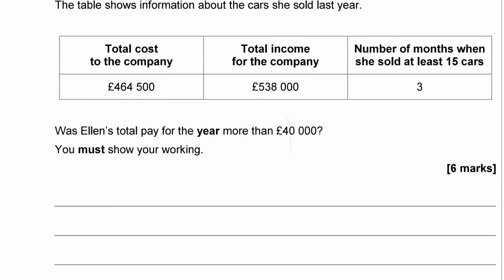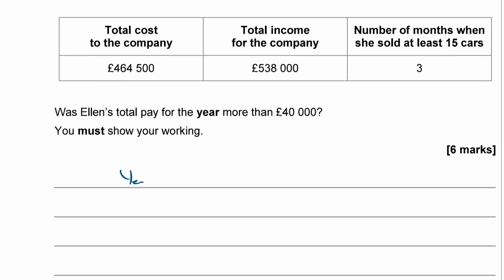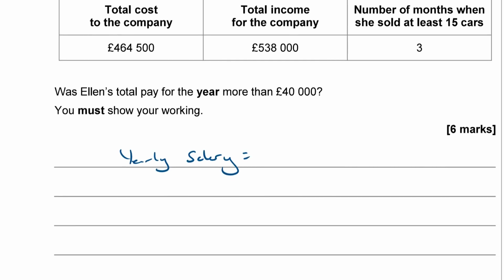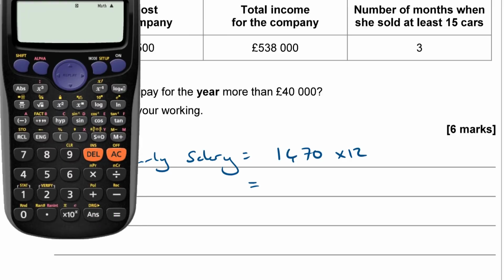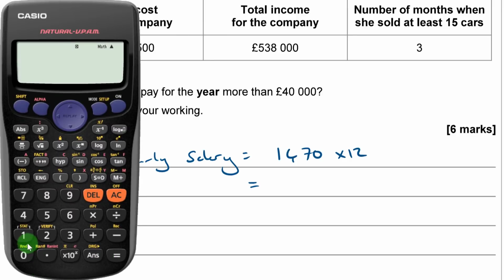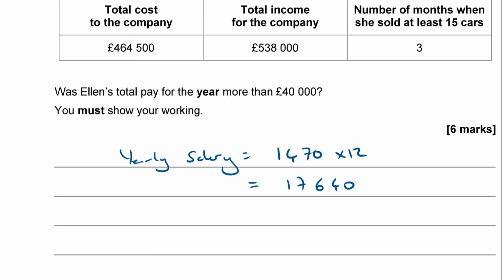So yearly salary is 1,470 times 12 months of the year. And what's that equal to? Calculator. What is 1,470 times 12? Apparently it's £17,640. Okay, so that's her yearly salary that she gets guaranteed.